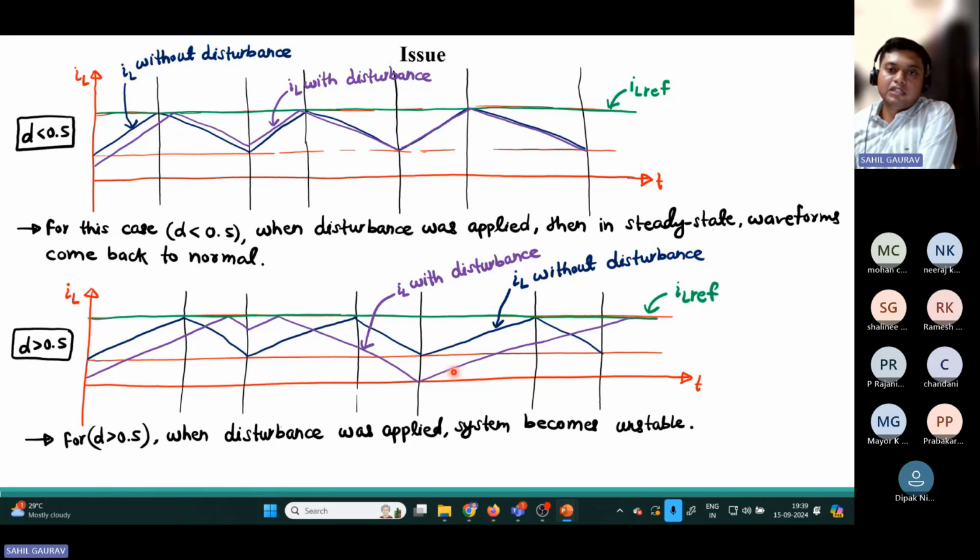So this will follow till here, and all the lines should be parallel to the previous inductor current. That is very important. So you can see that it gets a more unstable condition, and you will never get a stable system. So that is the problem when this duty cycle is greater than 0.5 for this current charge controller.